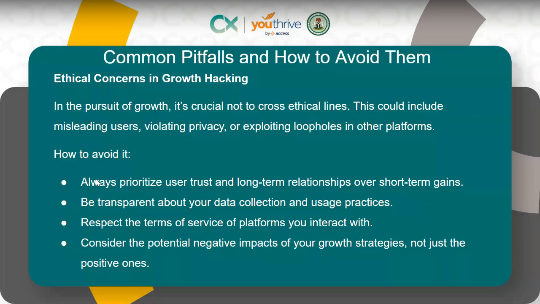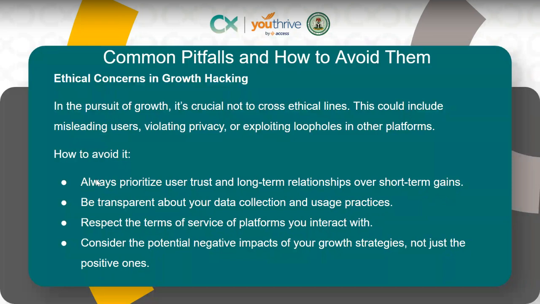So be transparent about your data collection and usage practices. You notice that most products would ask you, okay, these are the things we'll be collecting from your phone, and do you agree to it before you can use the app? And you're the one to say, okay, yes, we agree, and they'll be collecting that data from your phone. Respect the terms of service of platforms you interact with.